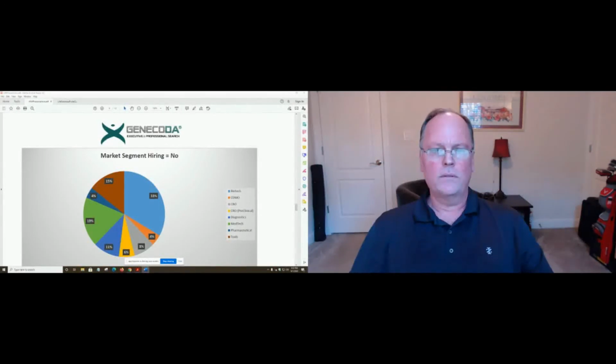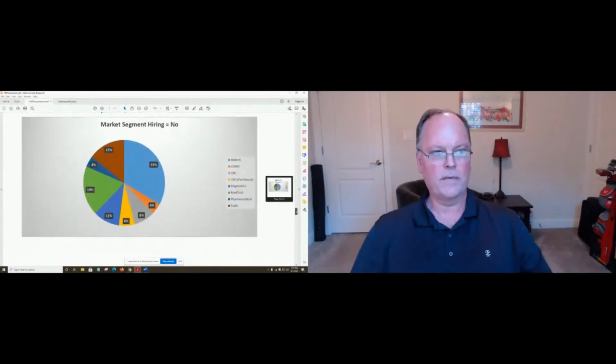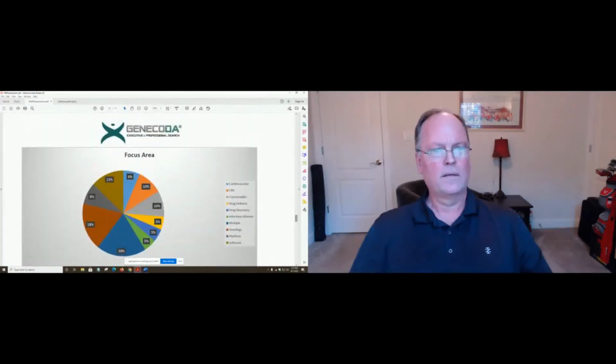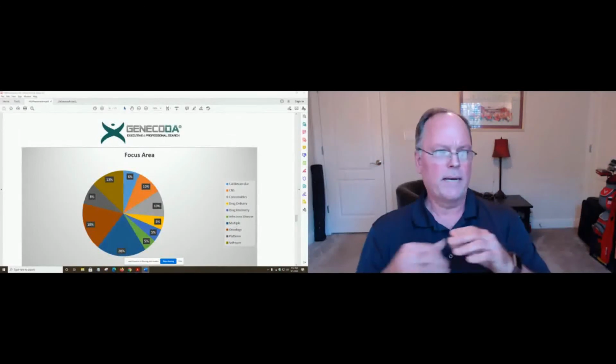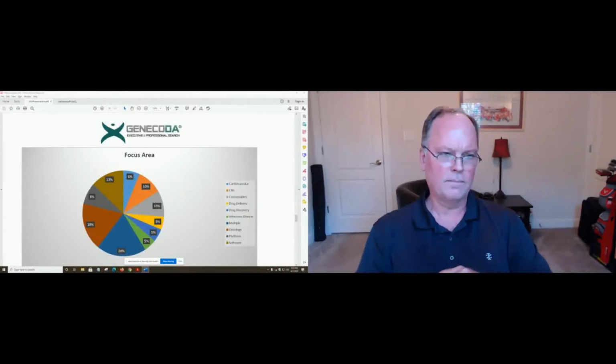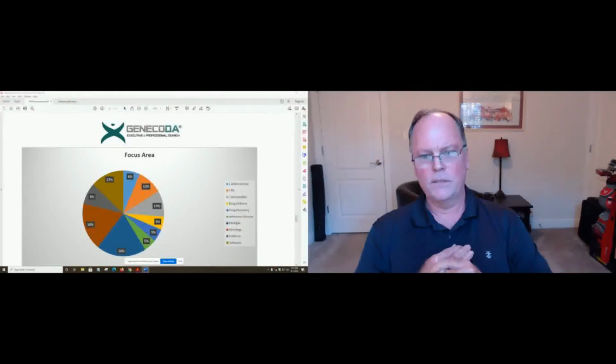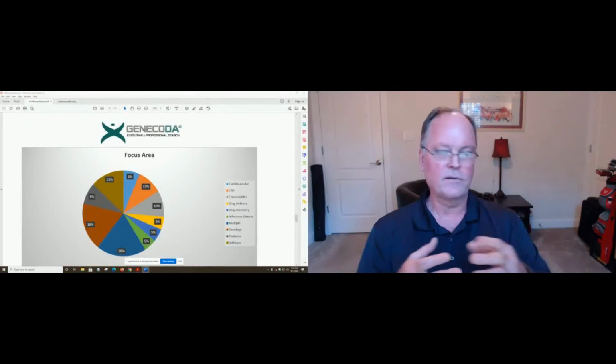So then what we wanted to take a look at is the focus area. Again, we'll go through some of the definitions as we look at these. The focus areas we thought about in terms of the therapeutic area, if a company was focused on, say, developing drugs in the cardiovascular arena.